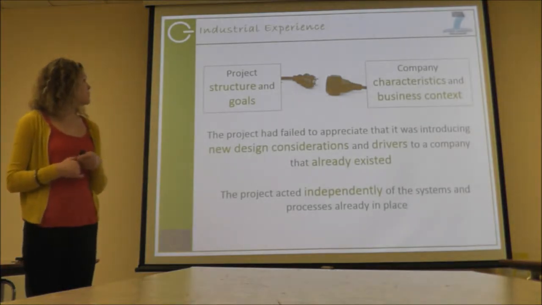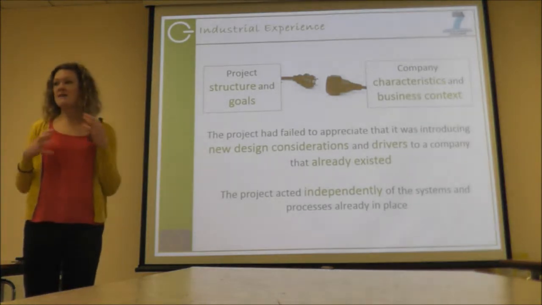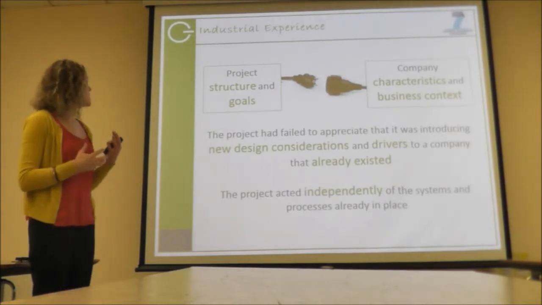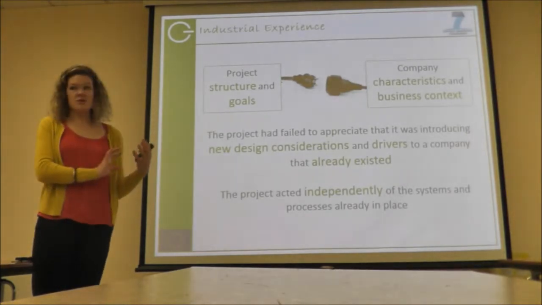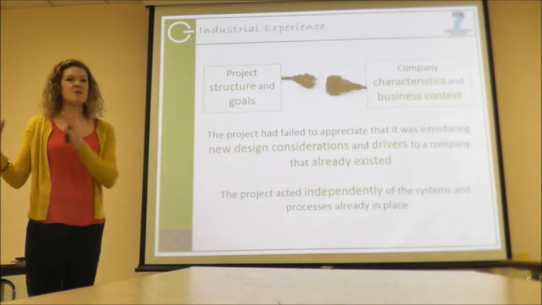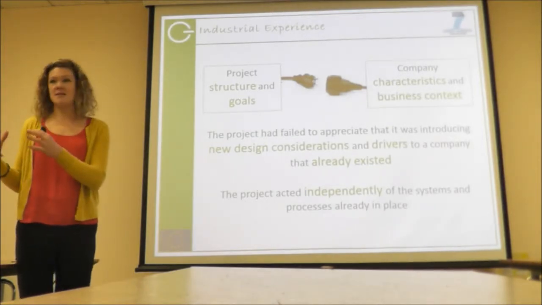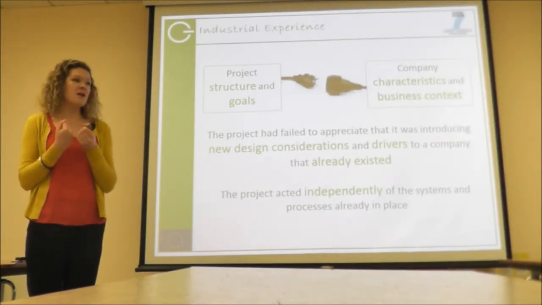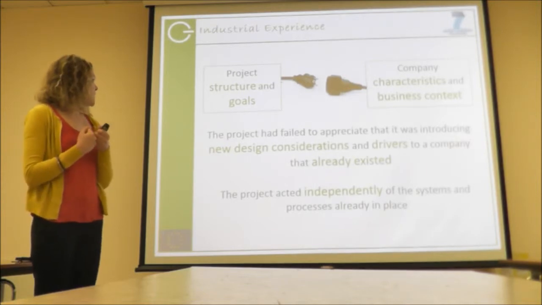So what I came to realise, having completed this project, was that there was the project with its structure and its goals, and then there was the company with its characteristics and its business context, and there'd been no link between those two things.